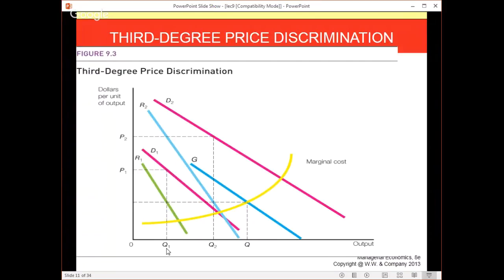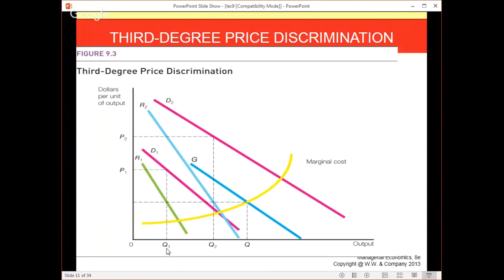This book, though, uses the approach where you sum up the two marginal revenue curves. I sum up the marginal revenue curve of group one and the marginal revenue of group two, and I get this curve right here. It's the combined marginal revenue. I set that equal to marginal cost.